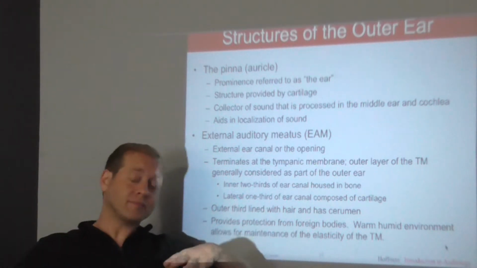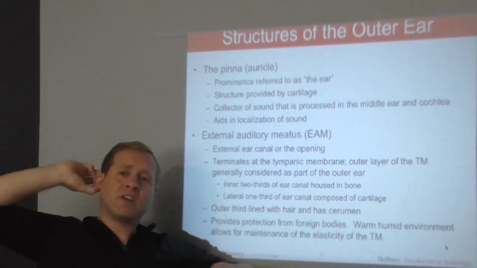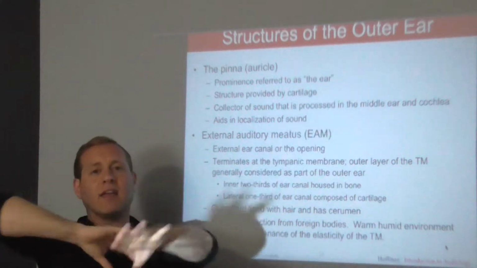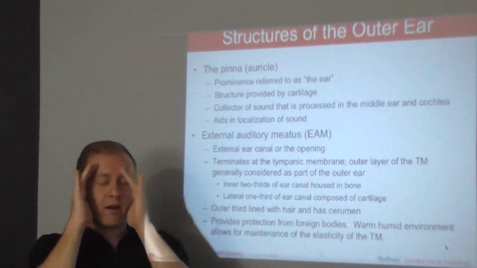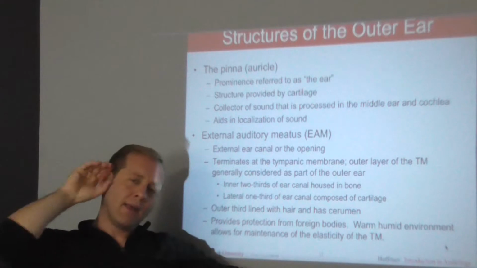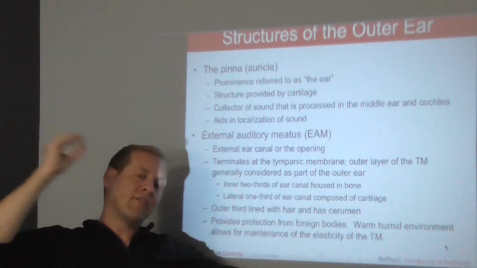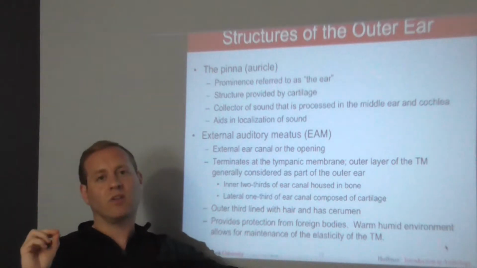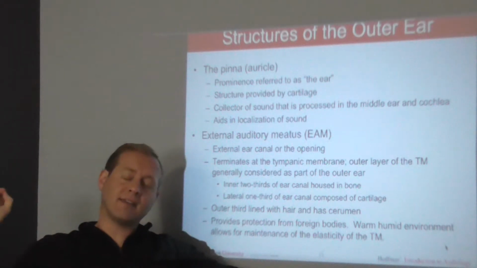So the ridges of the pinna actually allow us to collect sound from different areas. Our ears are not on the front of our head. Our ears are on the side of our head. But those ridges allow us to grab sound that's coming at us from all different angles. Okay? From down, from up, from front to side to back.